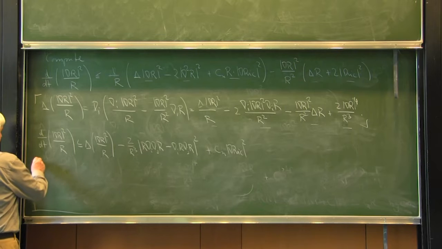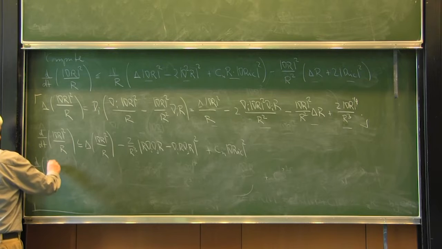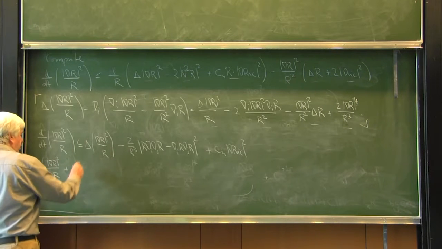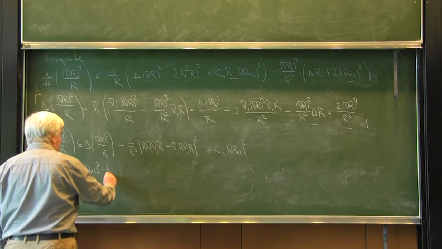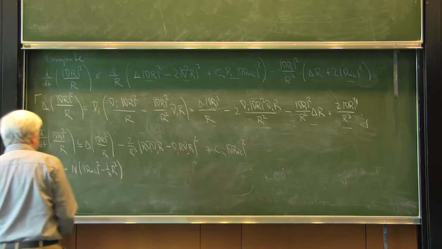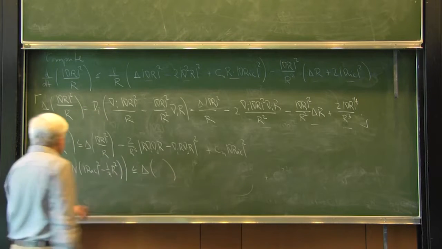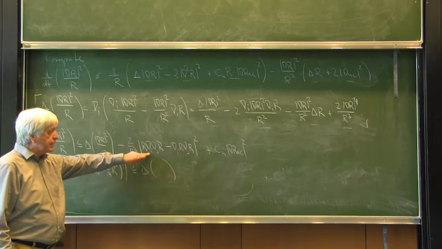So we take d/dt of gradient R squared over R plus a lot of traceless Ricci squared, which is less than the Laplacian of the same thing. And then I throw away this term here.